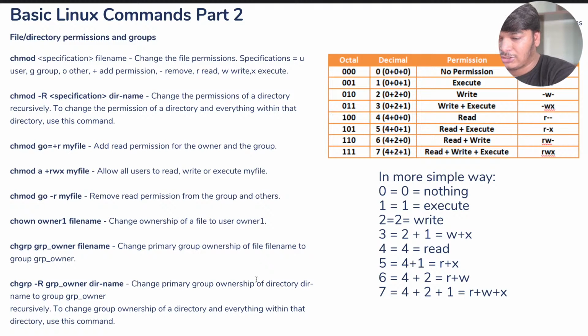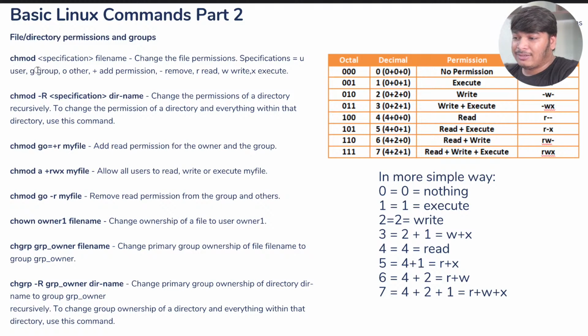If we do ls -l, it will show the list of the directory, and not just that, you will see the permission level. So the first character represents whether it's a directory or not. Then the next three represent the owner permission.